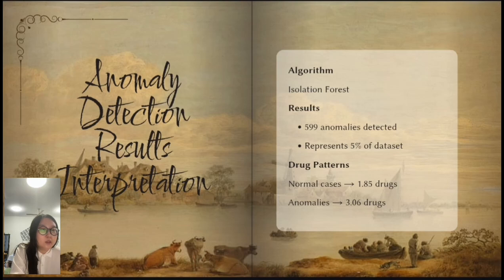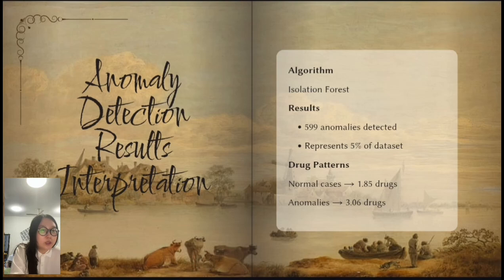To better understand these cases, we compared them with the normal cases in the dataset. One important difference we found is the number of substances detected in each case. For normal cases, the average number of drugs detected is about 1.85.